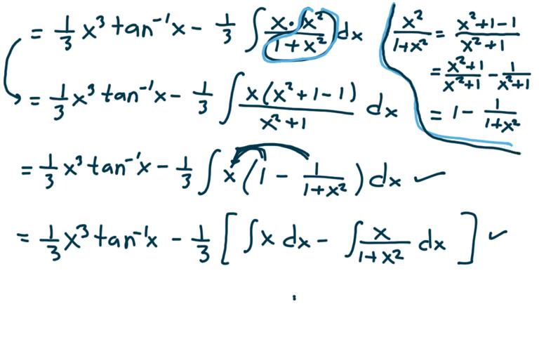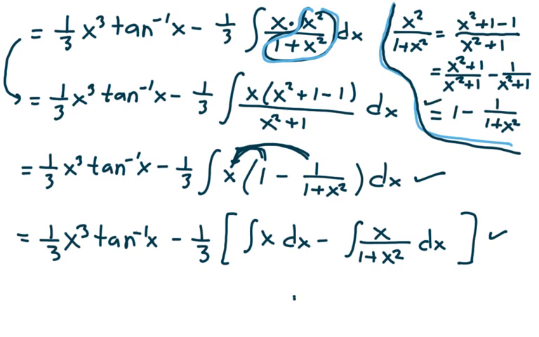we can take x squared over 1 plus x squared and write it as x squared plus 1 minus 1 divided by x squared plus 1. If we split the fraction, this is equal to x squared plus 1 over x squared plus 1 minus 1 over x squared plus 1.